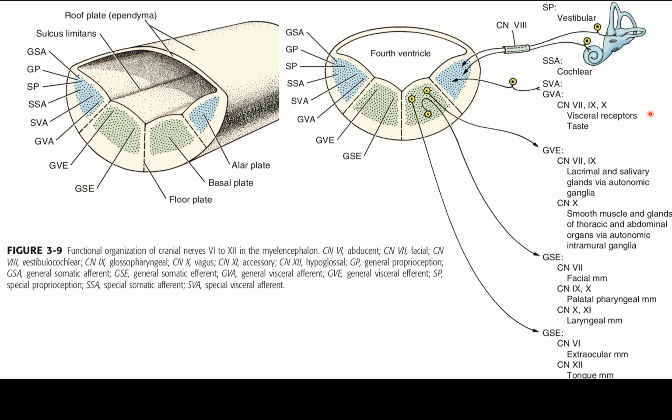Ectodermal cells derived from the otic placode form the sensory ganglion of cranial nerve VIII, which is associated with special proprioception for vestibular system function and with the special somatic afferent system for auditory function. These cranial nerve VIII ganglia are located in the inner ear within the petrosal portion of the temporal bone. Their axons course into the alar plate region of the medulla to synapse on cell bodies comparable with the dorsal gray column cell bodies in the spinal cord.